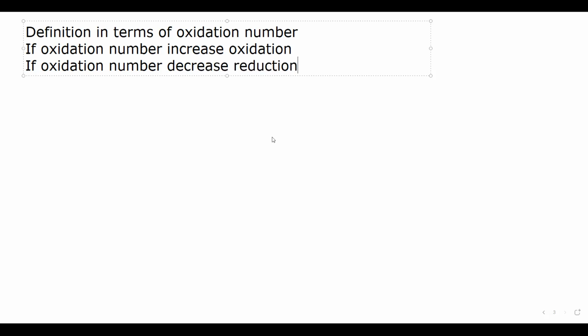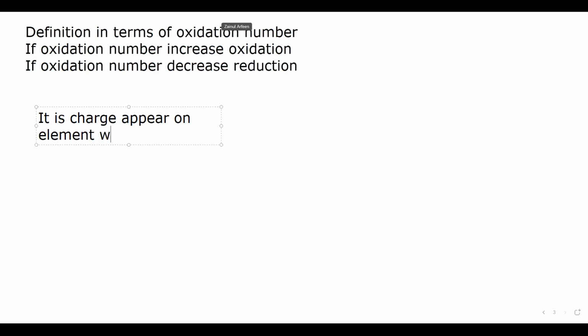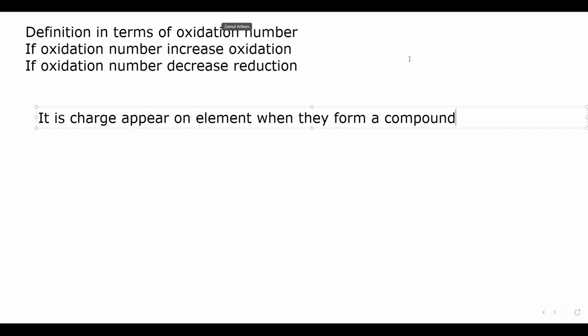And what is the oxidation number? Oxidation number is a charge, according to the group number. So it is the charge that appears on elements when they form a compound, which we also call valency, if you remember, the valency or the charge.